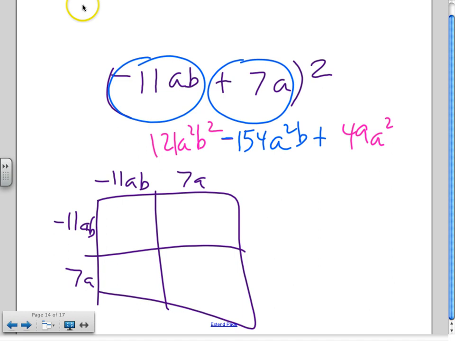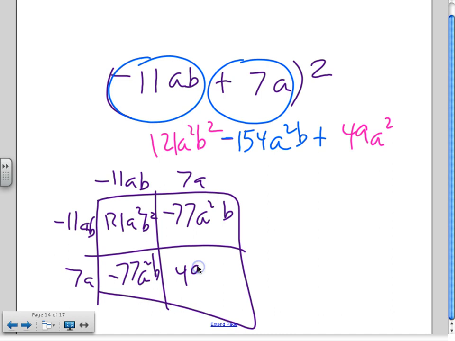Negative 11 times negative 11 is 121, a times a is a squared, b times b is b squared. Over here, negative 77, a times a is a squared, and b just by itself. 7 times 7 is 49, a times a is a squared. And look, that's what we got. Same exact thing.